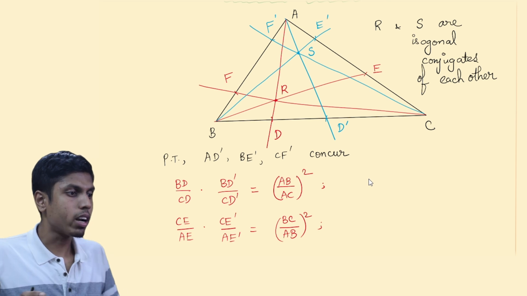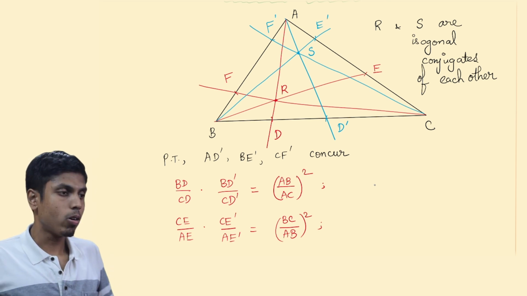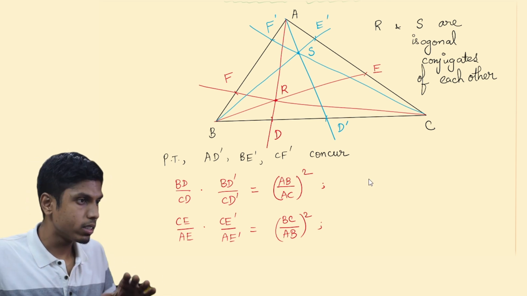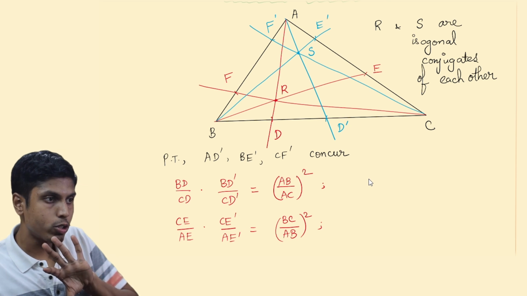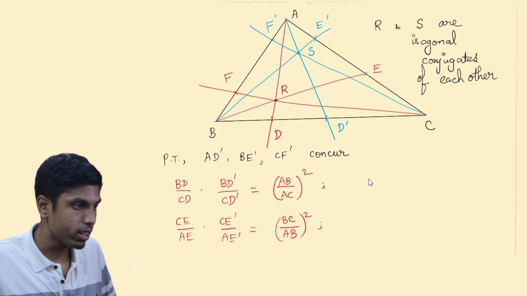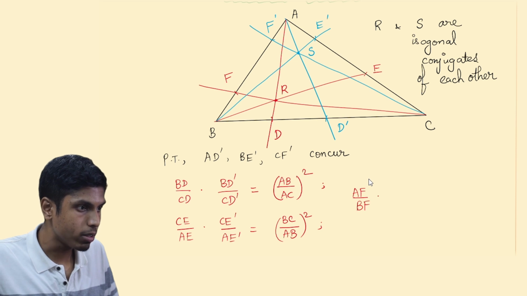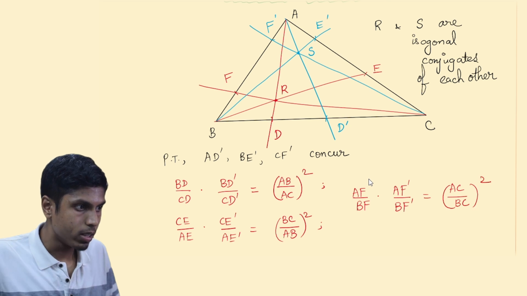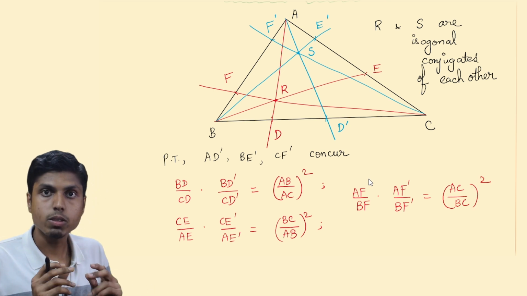This is just an analogous equation of what we did before, and a similar approach from the vertex C of the triangle would give us AF upon BF times AF prime upon BF prime equals (AC by BC) the whole square. So we got three equations. Let's multiply all of them.